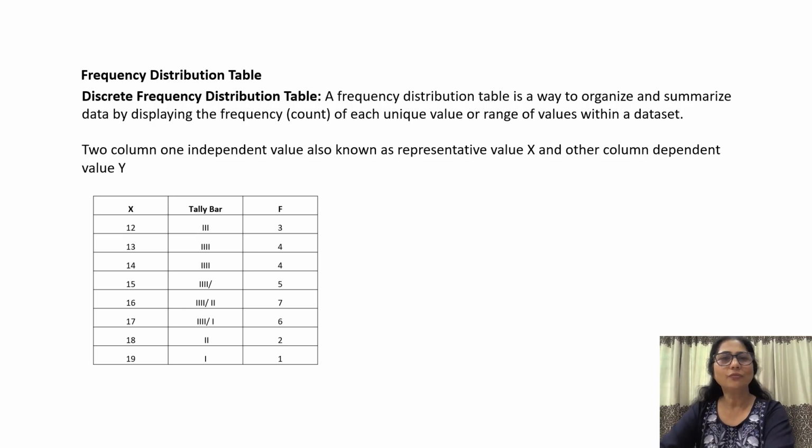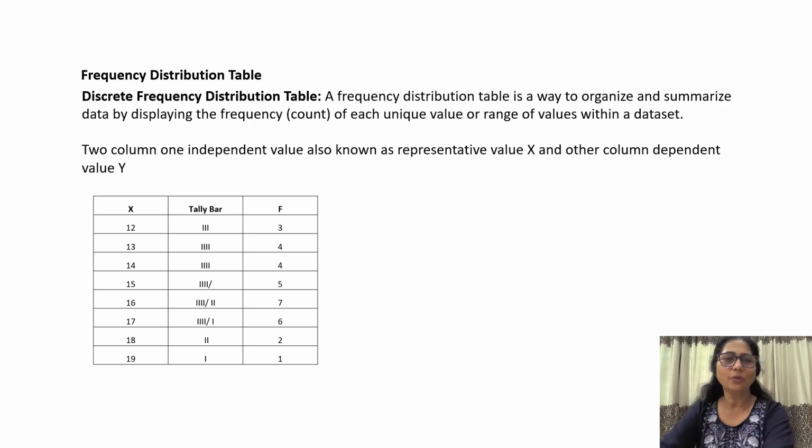A frequency distribution table is nothing but arranging and organizing data on the basis of their repetitive number, or frequency. In such a table we get an independent value, that is the x value, and their repetitive number, a dependent value, the f value.